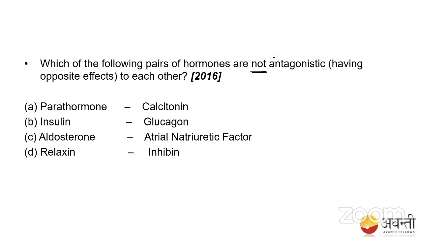Option 1 is parathormone, calcitonin. Option B is insulin, glucagon. Option 3 is aldosterone and the natriuretic factor. And option D is relaxin and inhibin. I'm launching the poll for you people. Quickly answer me through the poll.